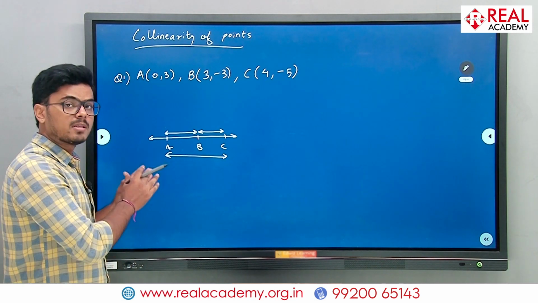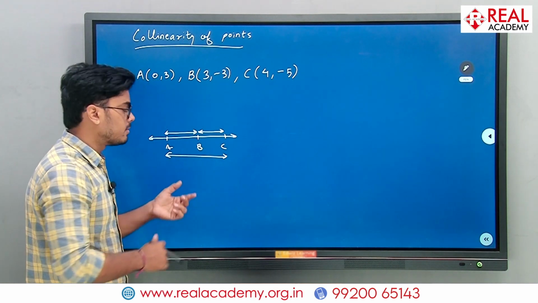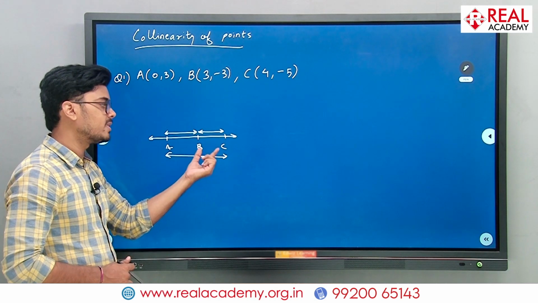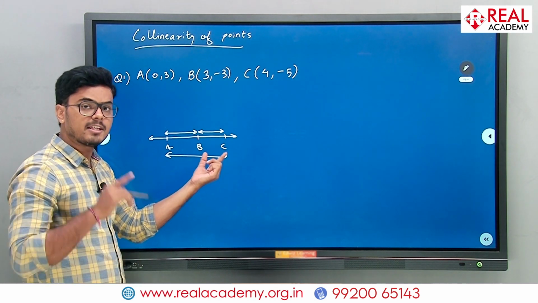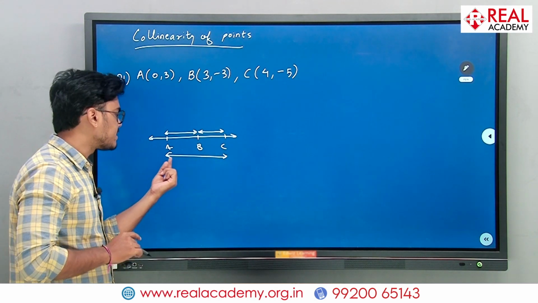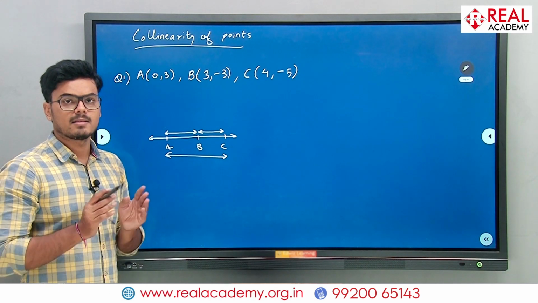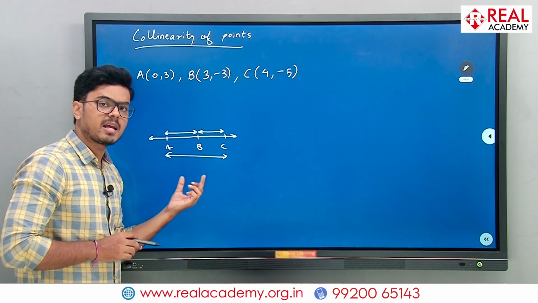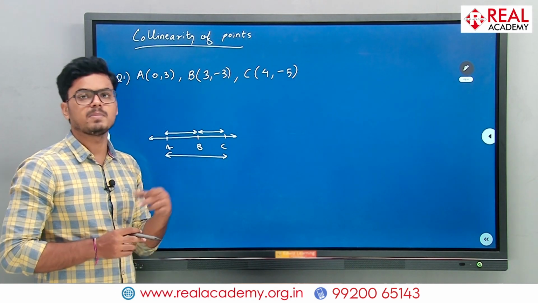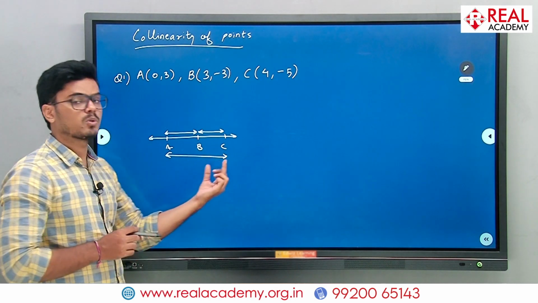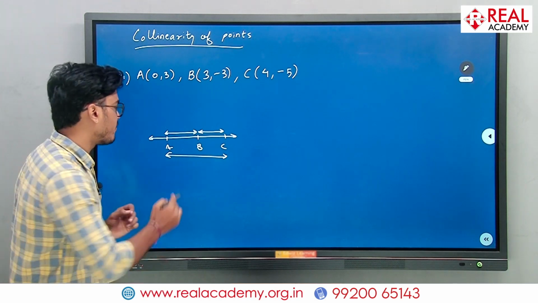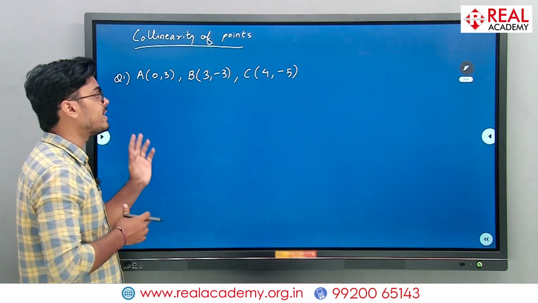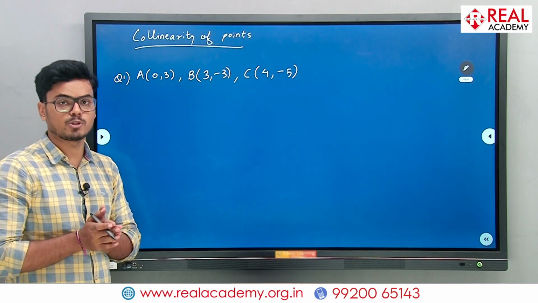If they lie on the same straight line, the distance between AB added to the distance between BC should be equal to the distance between AC. That is the meaning of collinear. So when we check the collinearity of these 3 points, what are we supposed to do?